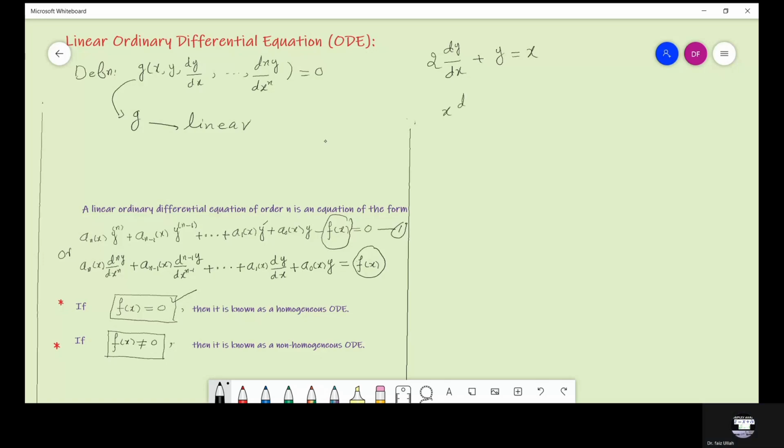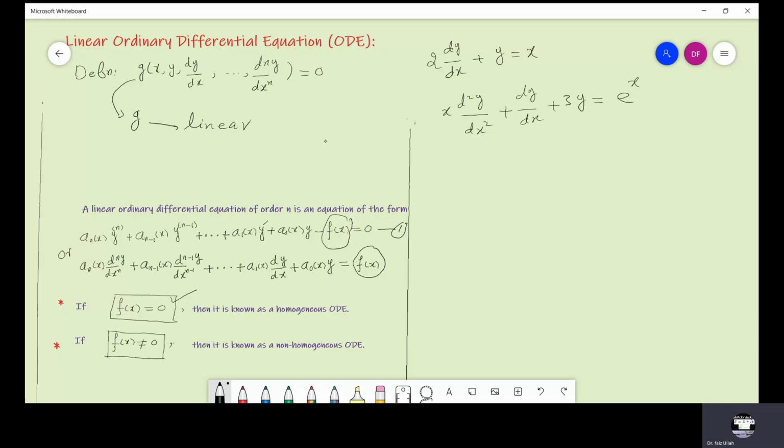x d square y over dx square plus dy over dx plus 3y is equal to e power x.